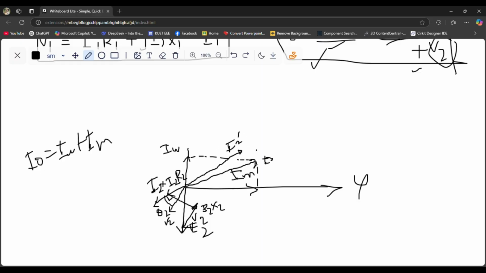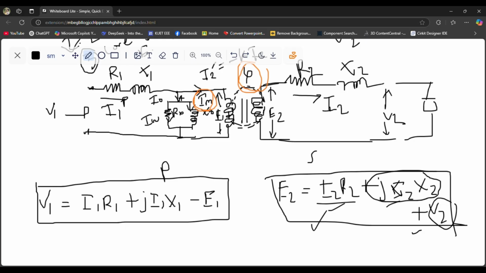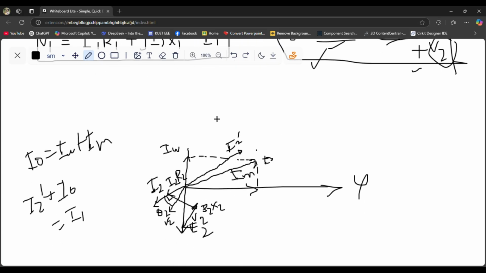I am not taking the actual magnitude of these components, just for understanding. So now if I add I2 prime with I0, I can get I1. Okay, taking the KCL rule at this point, I can get I1 very easily.